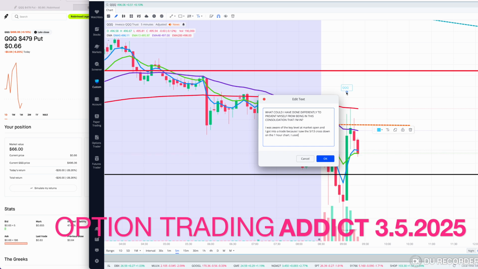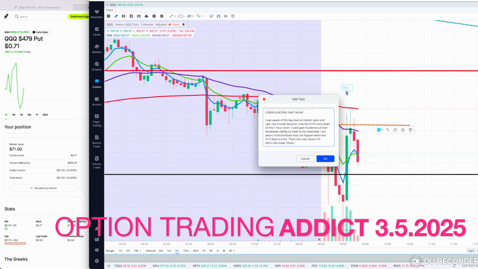I used past incidences of that breakdown to trade to the downside. I am aware of the kickback that can happen when the 513 does a cross. That's the only reason I'm still in this trade.